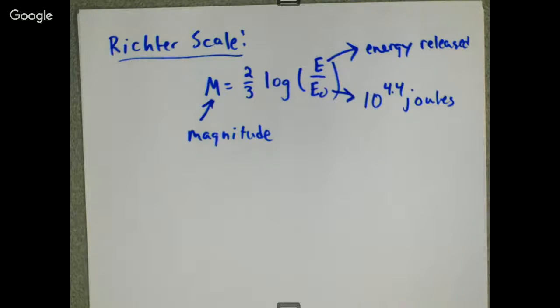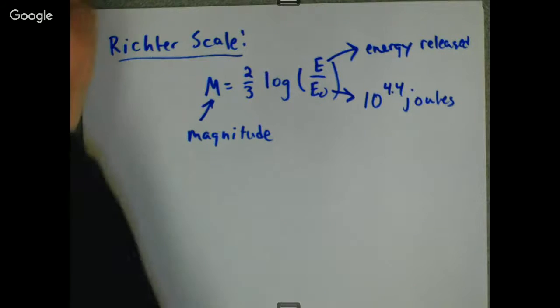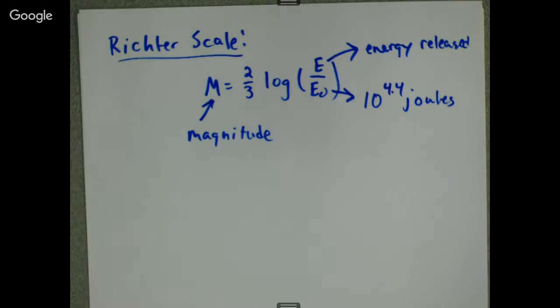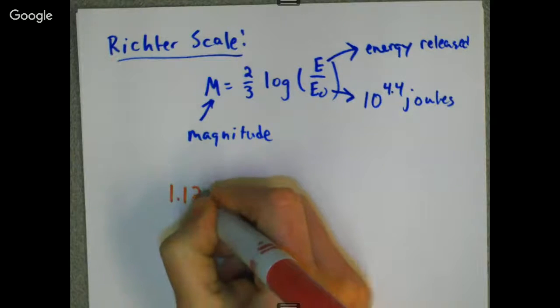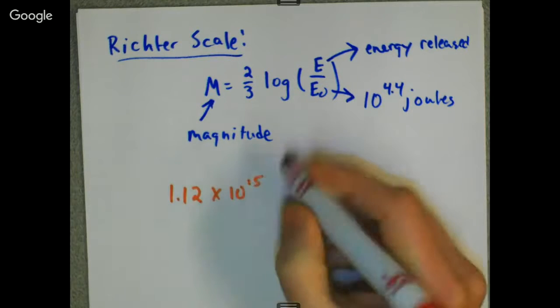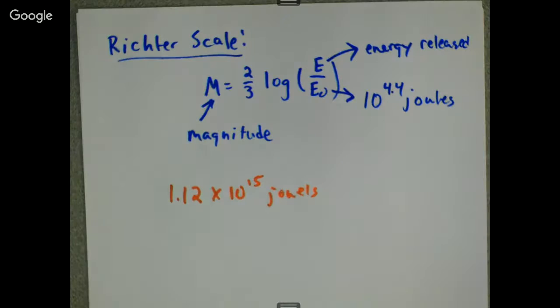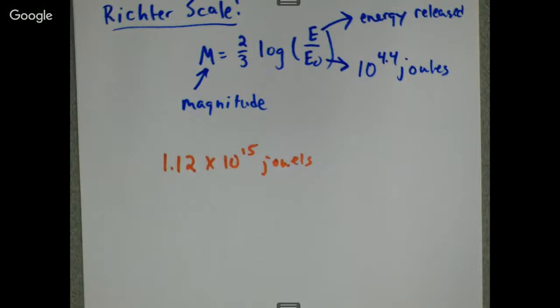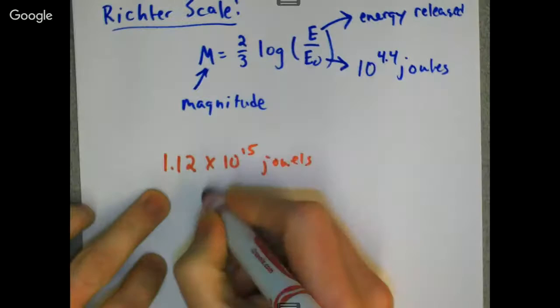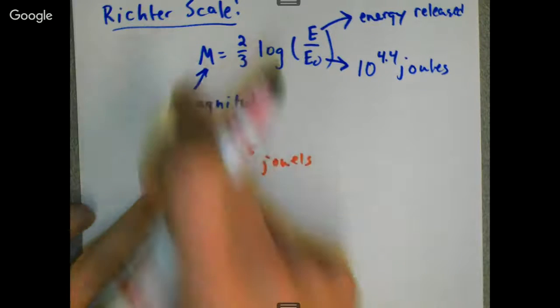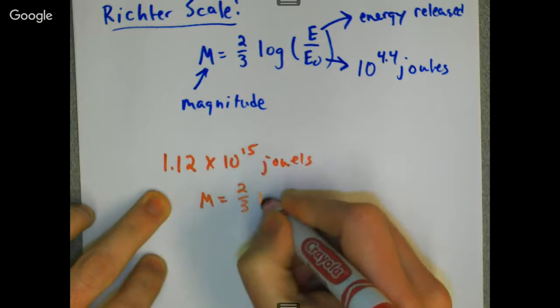So a problem you might see like this would be: you had an earthquake that released approximately 1.12 times 10 to the 15th joules of energy. Where does it rank on the Richter scale? This was actually an earthquake in 1989 during the World Series. So all I got to do is put that up here. So I have magnitude, or your number on the Richter scale, 2/3 log.